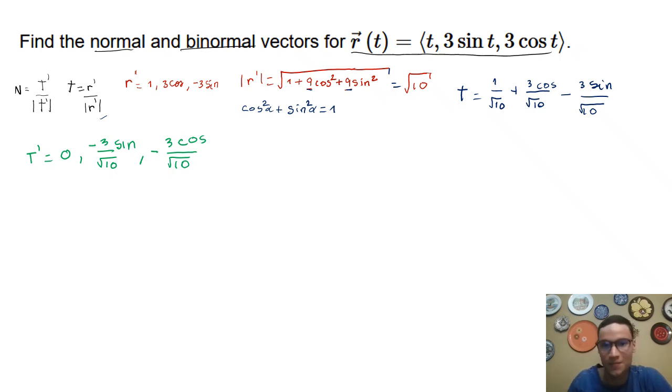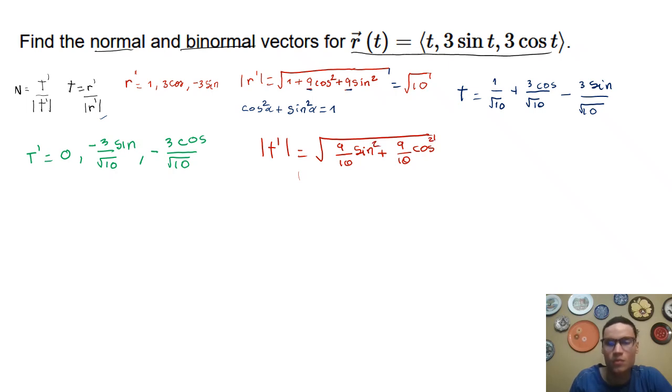So let's find that. Let's grab red again. Okay, the modulo of this will be equal to the square root of everything squared. We got 0 squared, which is 0. And here we got 9 divided by 10 sine squared plus 9 divided by 10 cosine squared.